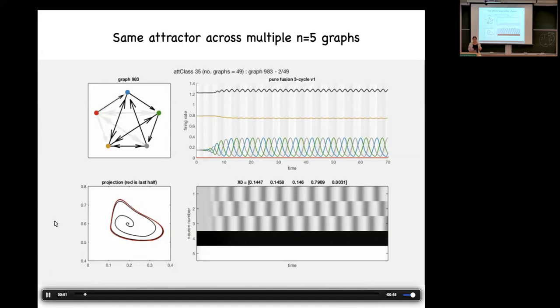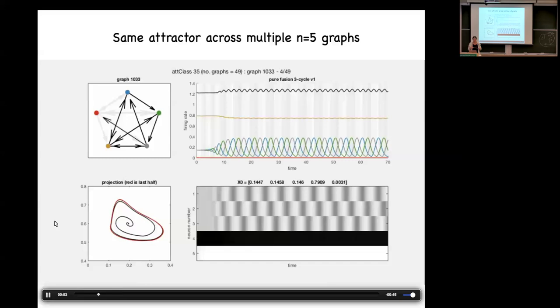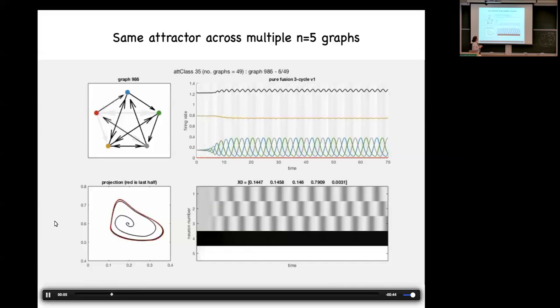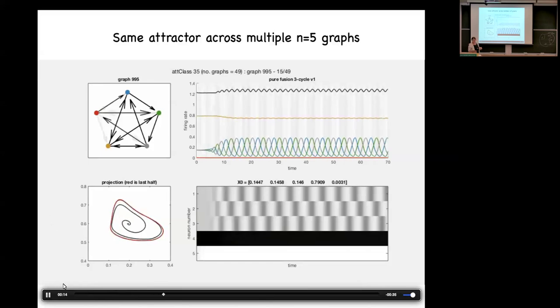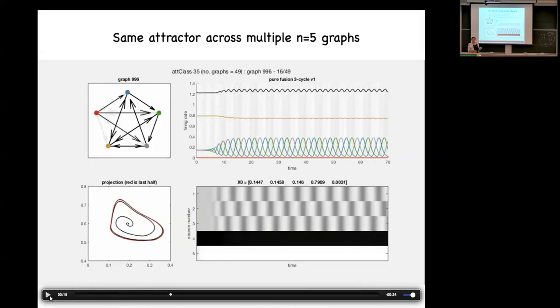You have this theme, which is the core, which is the attractor, and it's realized by this sort of base motif in the graph. And then you're saying, here are all the ways that I could have additional edges which don't affect that core motif. Which don't affect that core motif, right? But can affect other attractors.